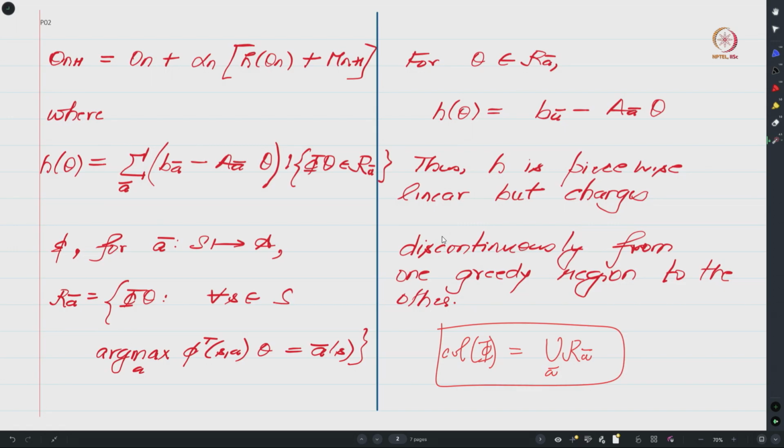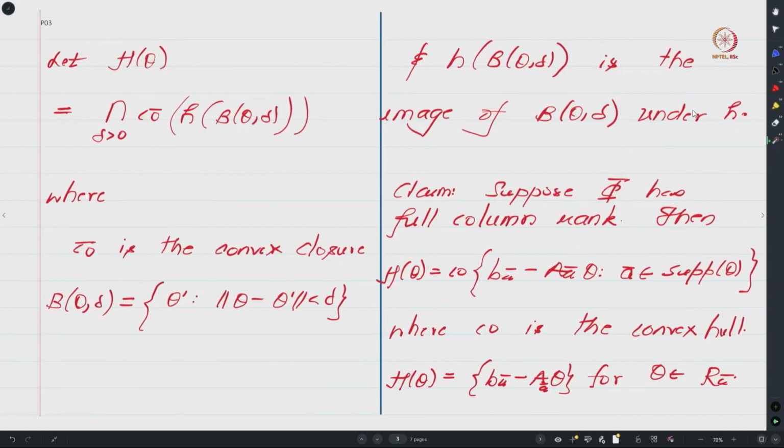So if you move from R A bar to, let us say, R A bar prime, the linear function will change from B A bar minus A A bar theta to B A bar prime minus A A bar prime theta, which could be discontinuous at the boundary between R A bar and R A bar prime. That is the challenge in understanding the behavior of this Q-learning with linear function approximation and epsilon-greedy exploration algorithm.